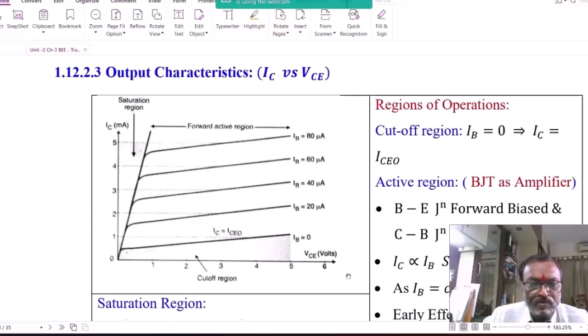What we observe here is that as IB increases, the corresponding value of IC is increasing, shown by the dotted line projection on the y-axis.